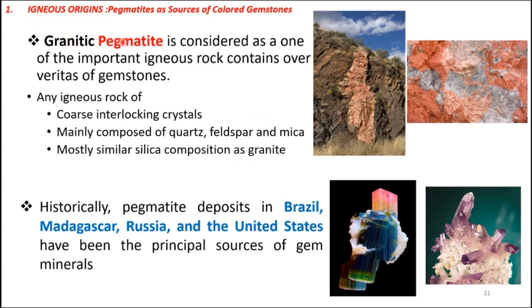Sometimes some of the granitic pegmatites act as a suitable source for the formation of different gem varieties, not all the pegmatites. In nature, on most occasions, only 1 or 2% of granitic pegmatites act as a source for different gemstones. Some of the pegmatites have an average size of more than 1 or 2 square kilometers, large scale pegmatite bodies.